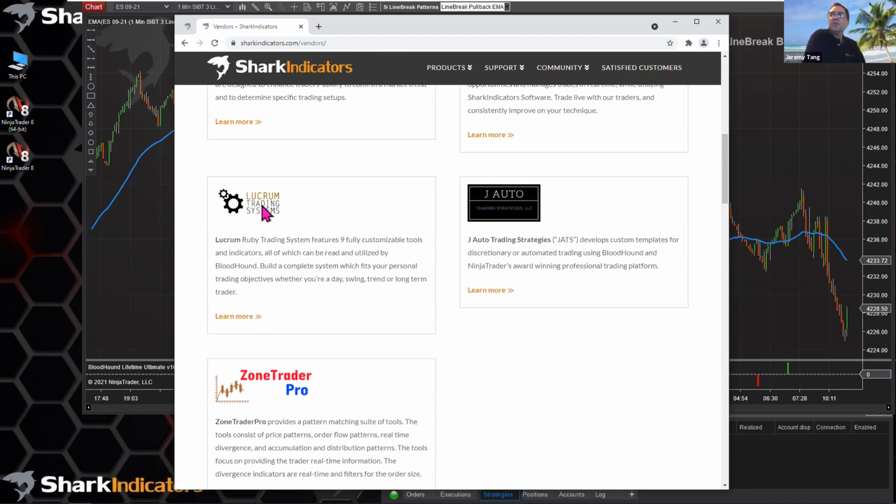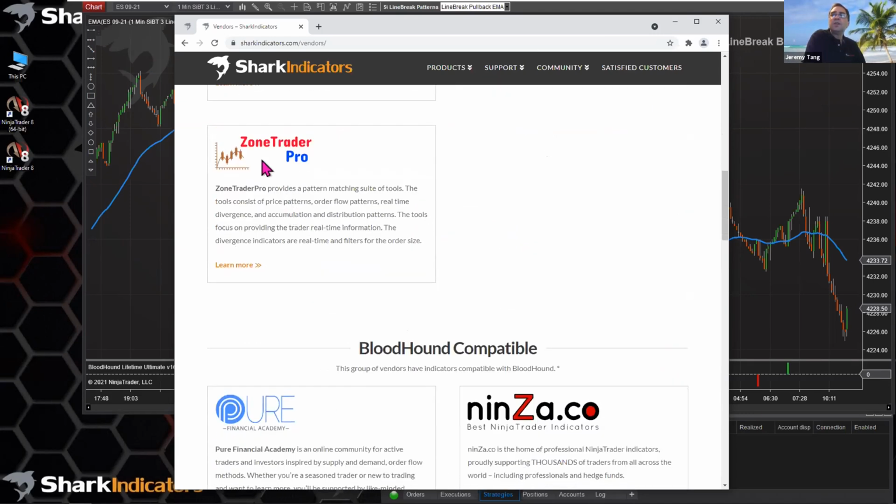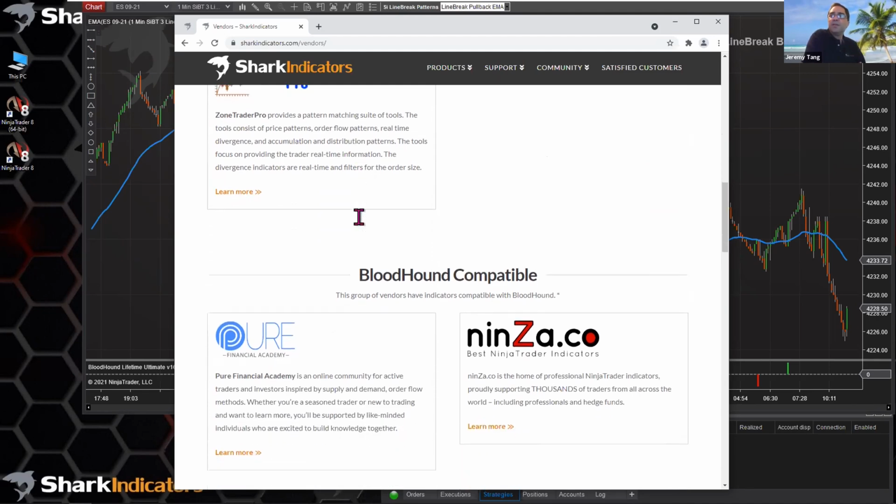Lucrum, I think, has a BloodHound template for his flagship indicator. J Auto Trading, Julie, also sells BloodHound templates. Zone Trader Pro, Chris has a few templates, I believe, to go with his flagship indicator.